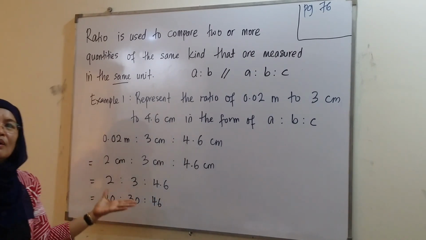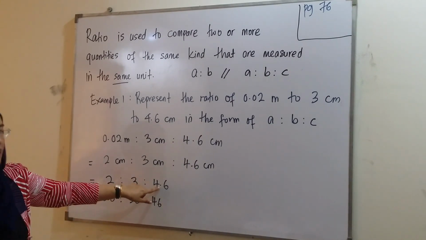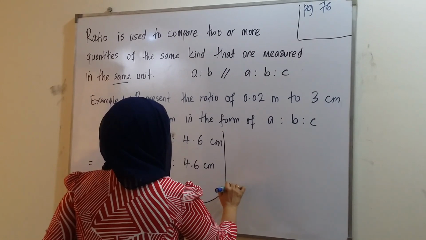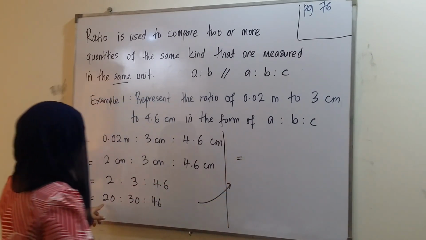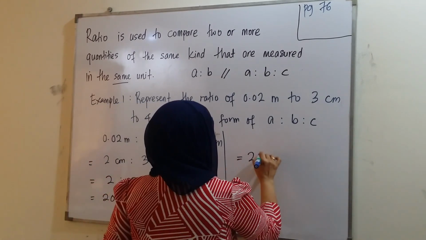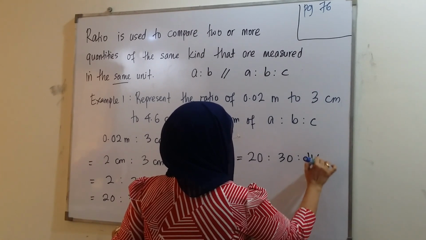No more decimal. I bring it here: 20 ratio 30 ratio 46.